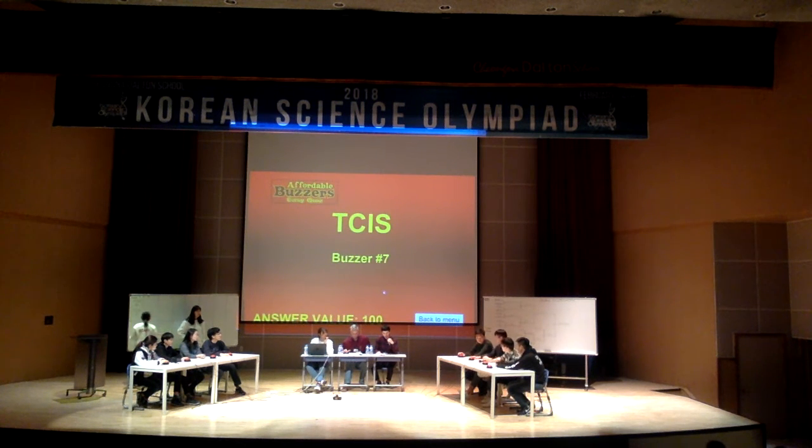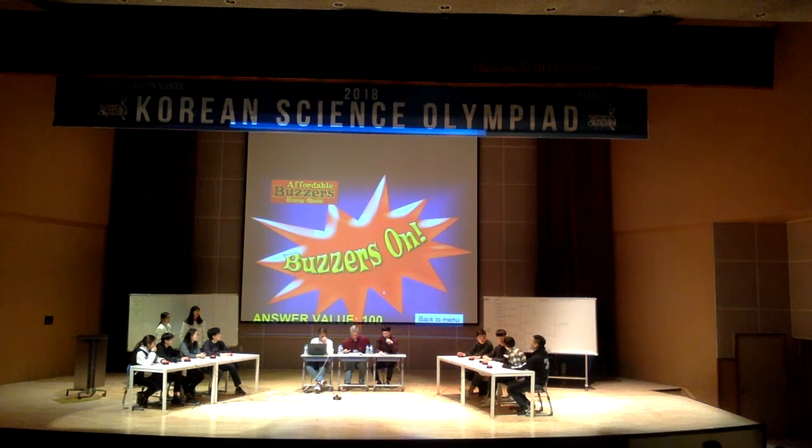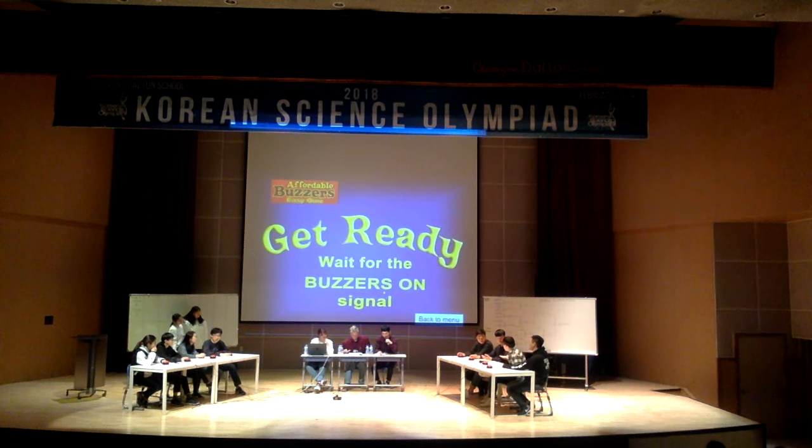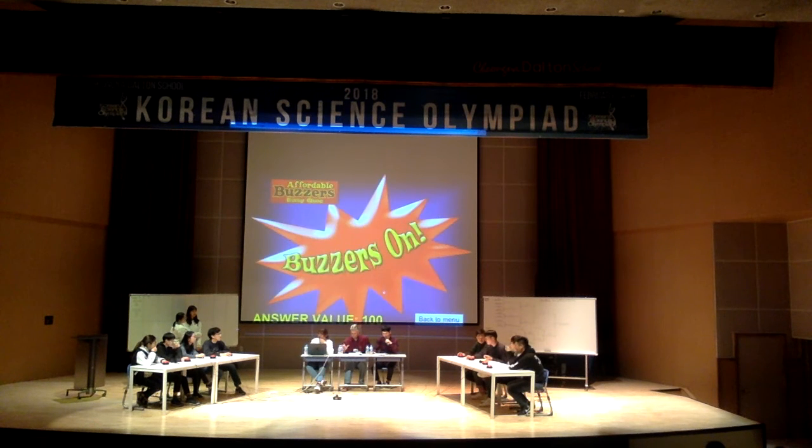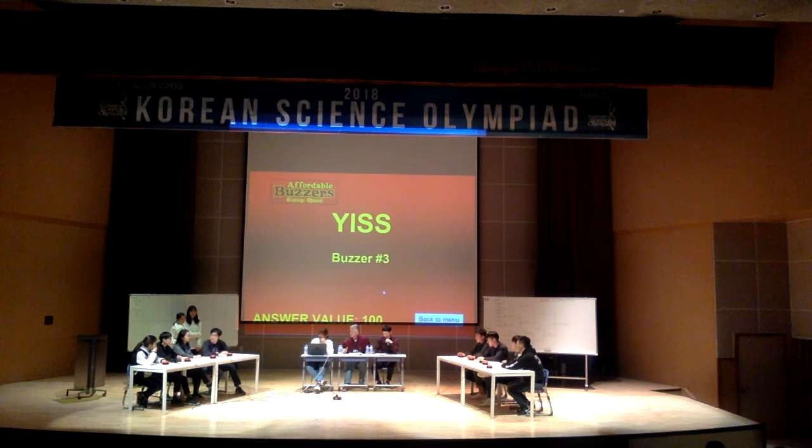TCIS. C is the incorrect answer. Last choice, D. The energy content per gallon of biodiesel is approximately 28% lower than that of ethanol. TC has 5 seconds. YISS. D is the correct answer.